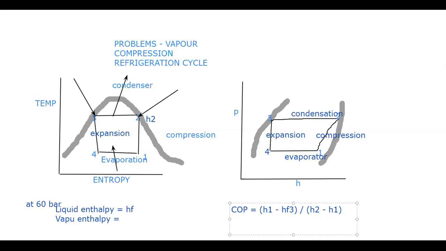If you substitute H1, HF3 and H2 in the COP equation, you can get the COP of 5.04. So this is the way we have to calculate the COP. What is the COP full form?